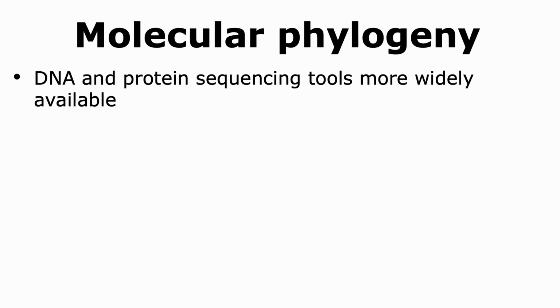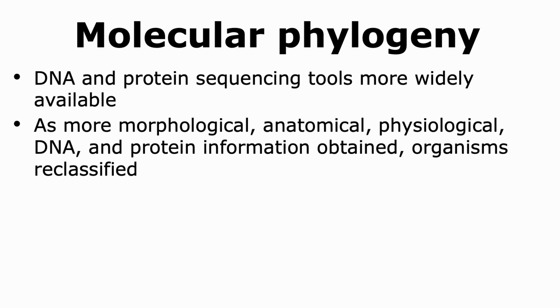In addition to DNA, protein sequence can also be used to determine molecular phylogeny. Nowadays, both DNA and protein sequencing tools are much more widely available than they were in the past, and hence it is easier to build phylogenetic relationships based on this molecular data.